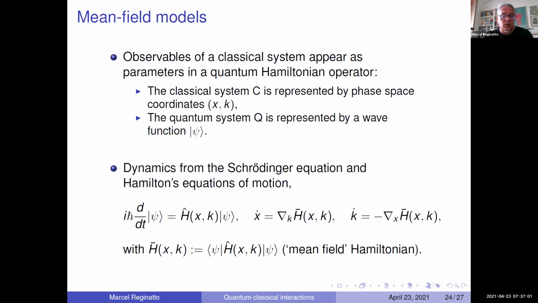If you look at mean field models, and a mean field model is a model where the classical system is represented by phase coordinates, we've seen these models in the conference, and you have a wave function for the quantum sector. And then you have dynamics, which is a Schrödinger equation for the wave function and Hamiltonian equations for x and p. If you have this mean field model, then you don't create entanglement.